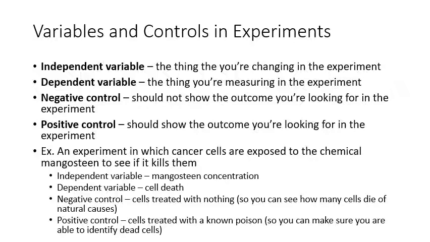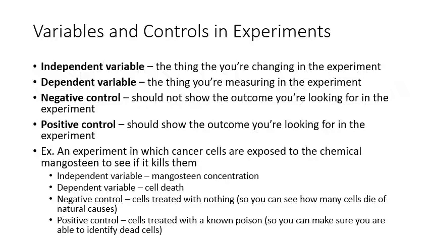So what you would do is find some substance that you already know for a fact is toxic to cancer cells and apply it to those positive control cells. Actually, we might use a drug that is already used as a cancer treatment because we know it's going to be toxic to cancer cells for sure. So you treat the cells in the positive control with that known poison, and then you should see that they die.